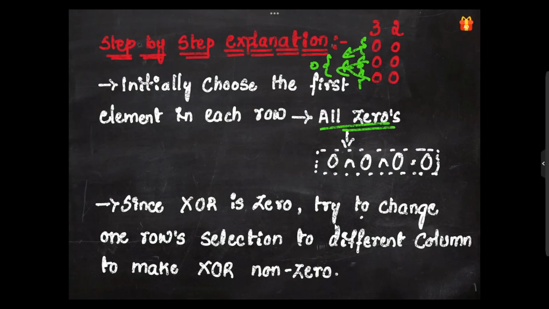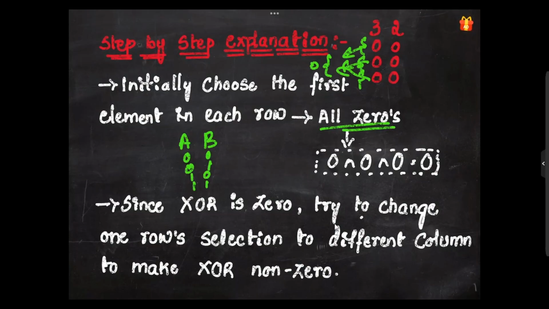So 0 XOR 0 XOR 0. We are performing the XOR operation here. We know the truth table of XOR. Suppose we consider A and B here. So we have 0 0, 0 1, 1 0, 1 1.